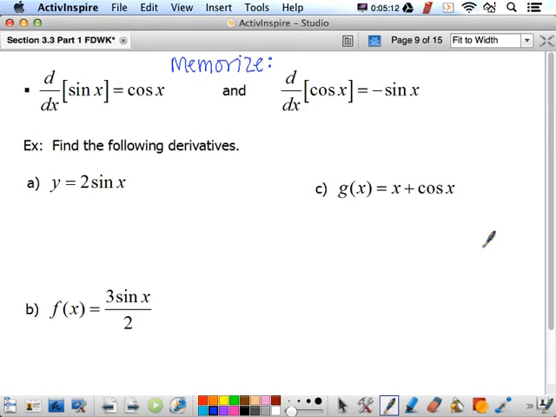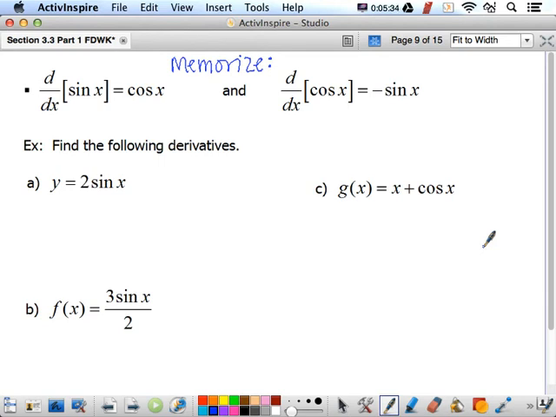So let's see what it looks like to use those a little bit. If I want to find the derivative of y equals 2 times sine of x, because it's a basic trig function, one of your basic 6, you do not use the power rule at all. It has nothing to do with the power rule. Well, it kind of does, but until you know the chain rule, I can't explain to you the connection to it.